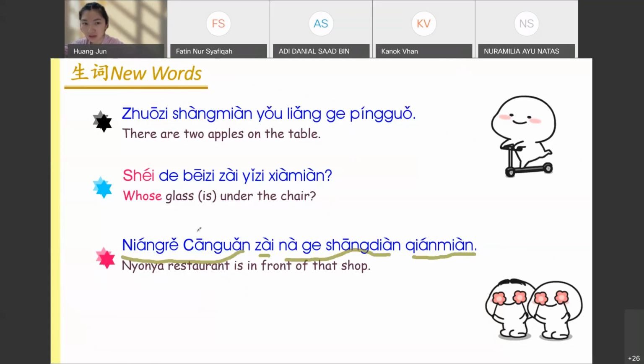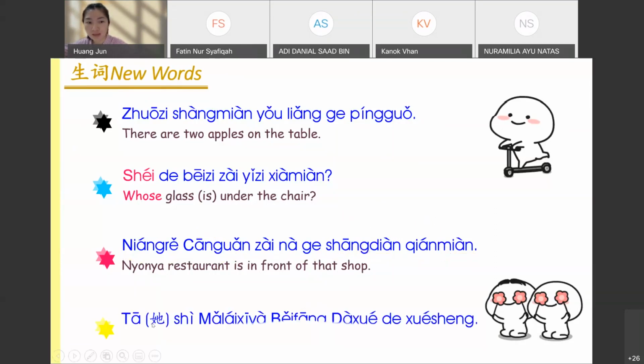This is A and B. We use A 在 B, plus location. For example, when we say 妈妈在爸爸后面, 后面 means behind. So it means mom is behind father. Remember the structure of the sentence.